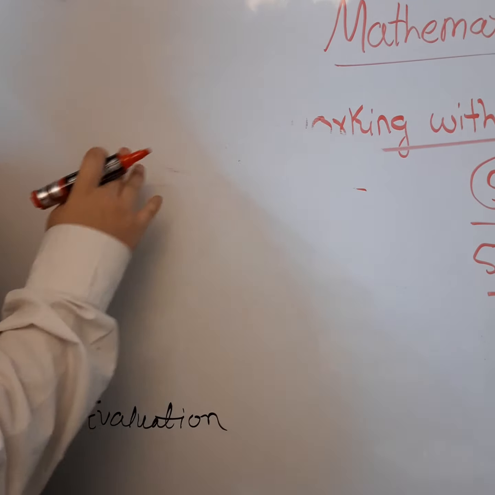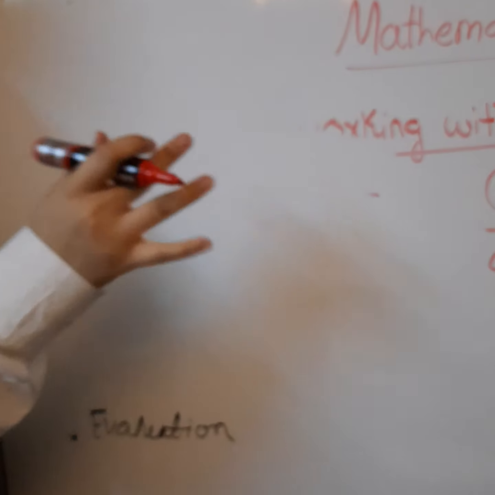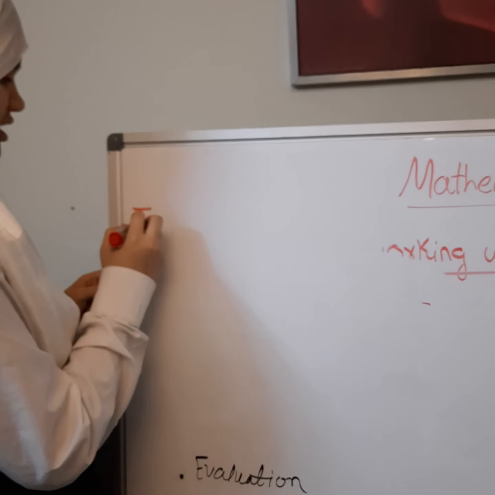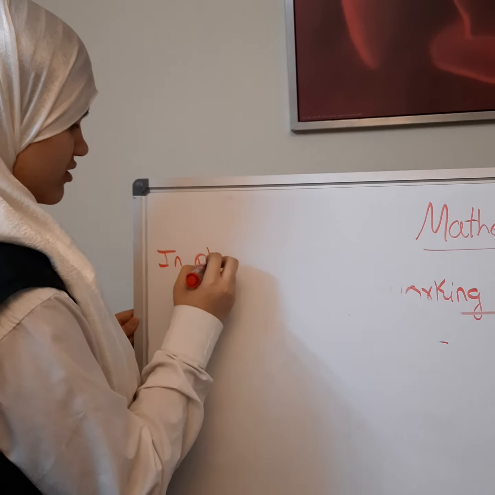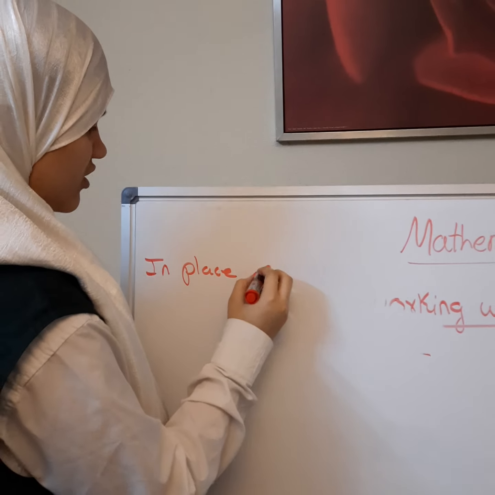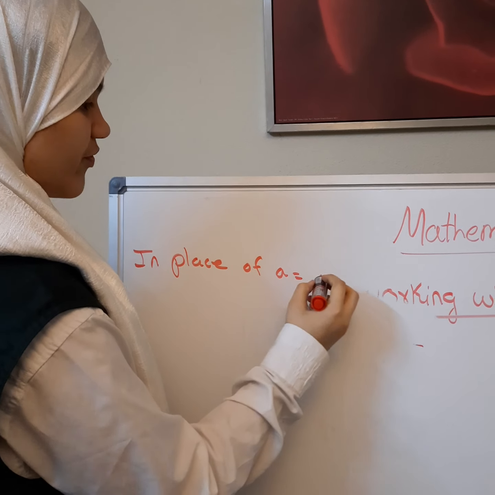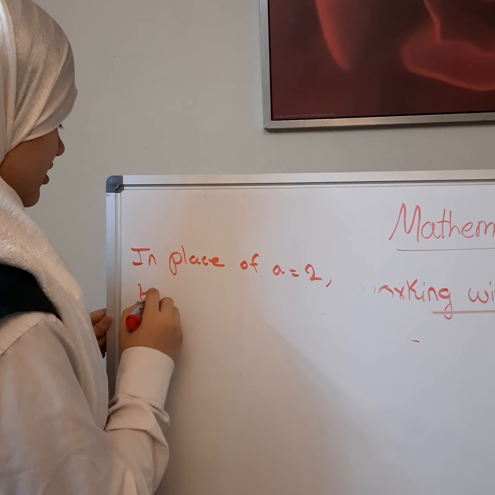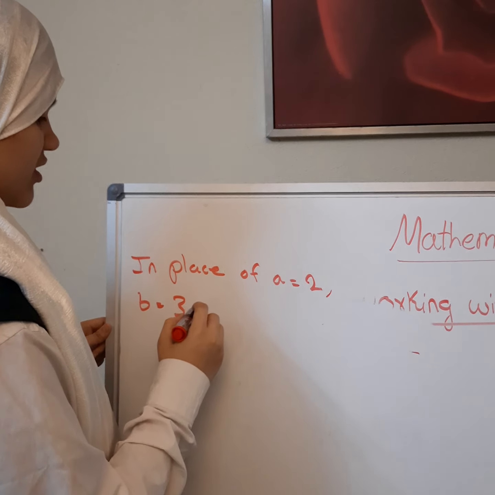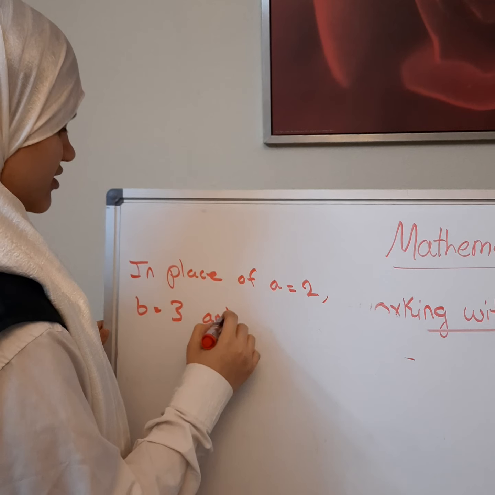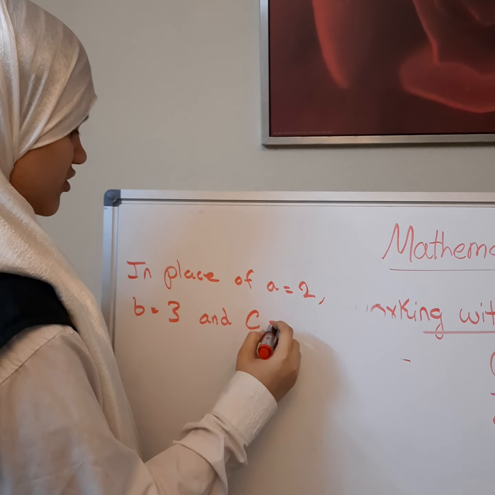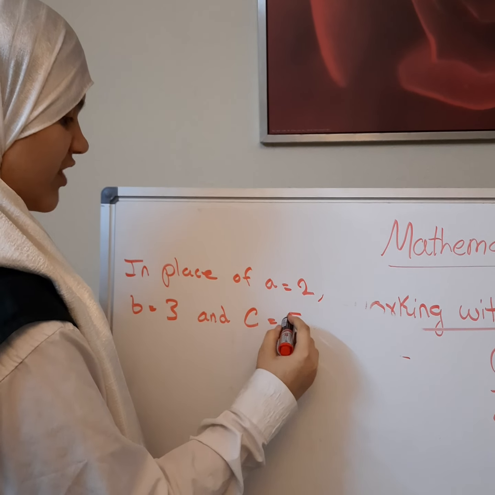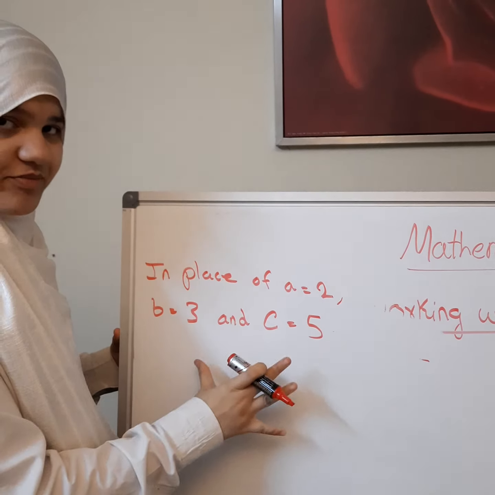Evaluation. That means, for example, A is equal to 2 and B is equal to 3 and C is equal to 5. Okay?